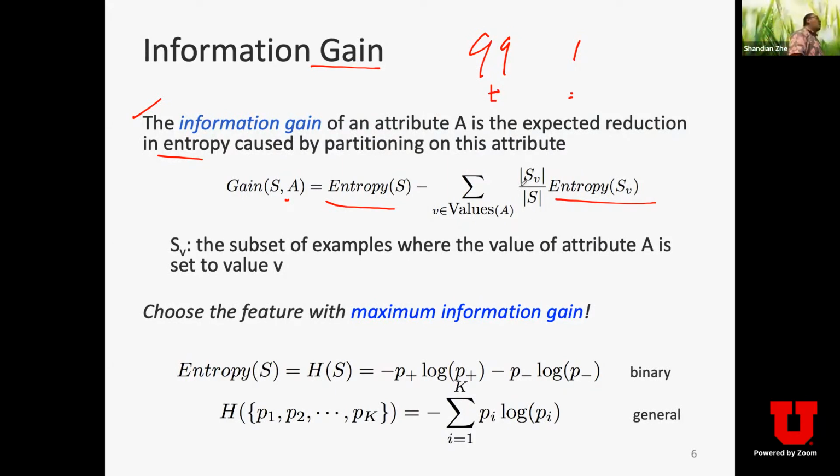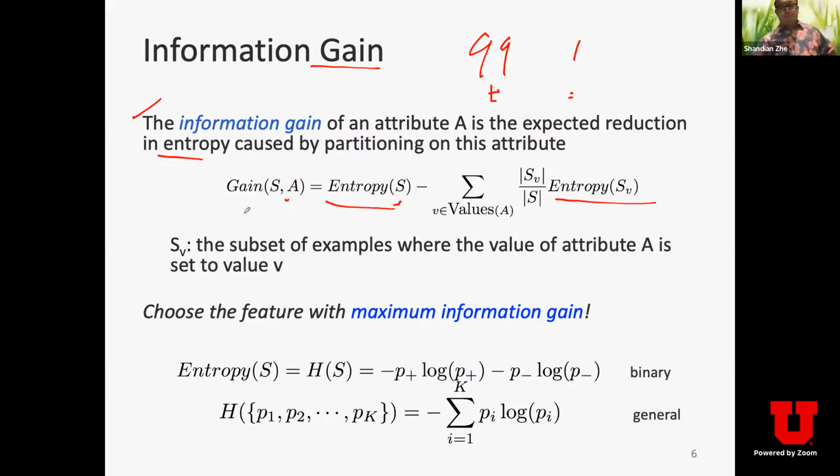Because we want to account for different importance according to size. A subset of 100 examples, of course, is more important than a subset with only 10 examples. That's why we do this weighted average. And then we just subtract this weighted average from the entropy of the entire set S. We get our decrease or reduction of the entropy, which reflects the improvement of the purity.